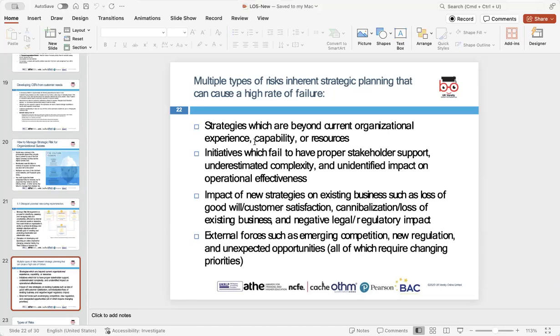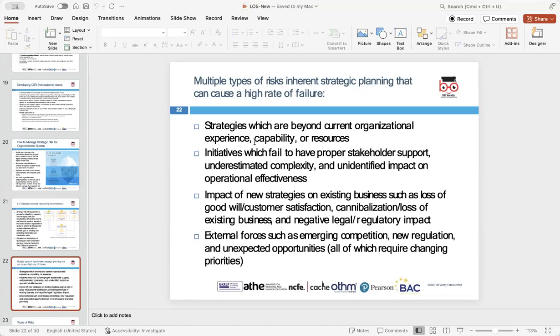Another critical challenge is the potential impact of new strategies on the existing businesses. For example, a new product or service could lead to loss of goodwill or customer satisfaction if it negatively affects existing offerings.